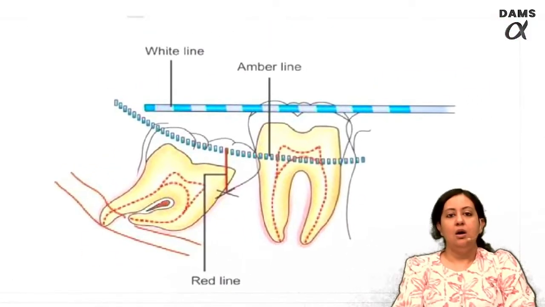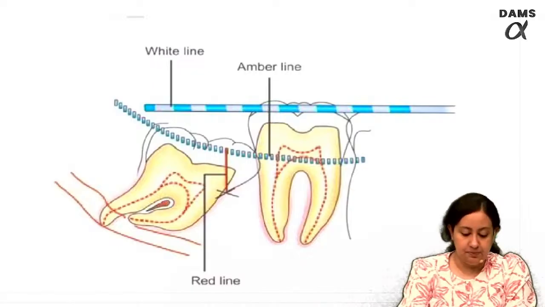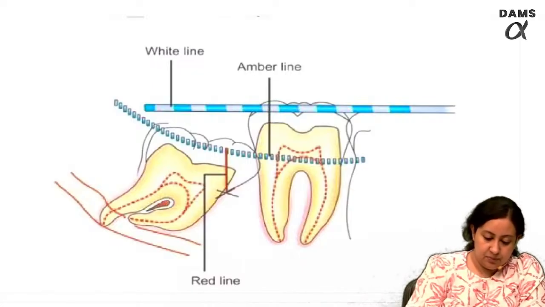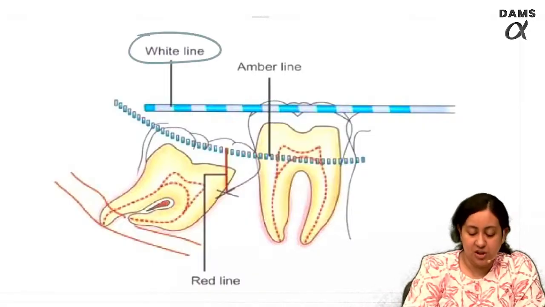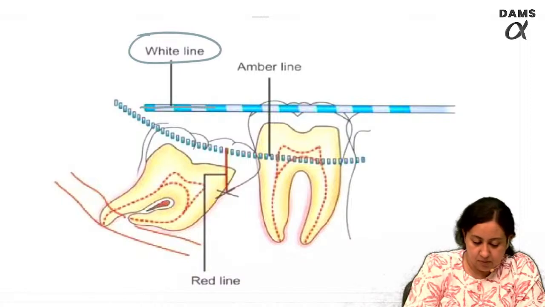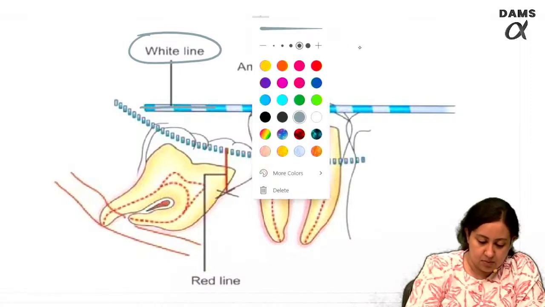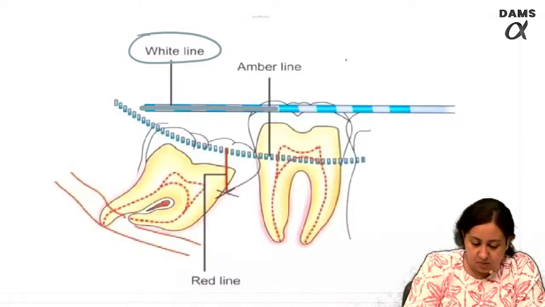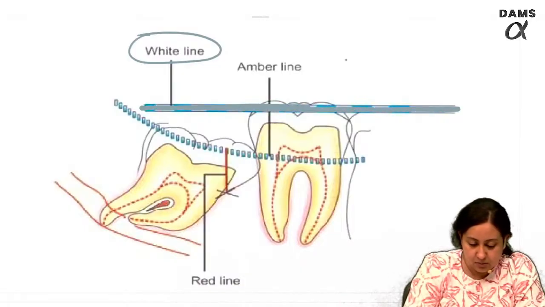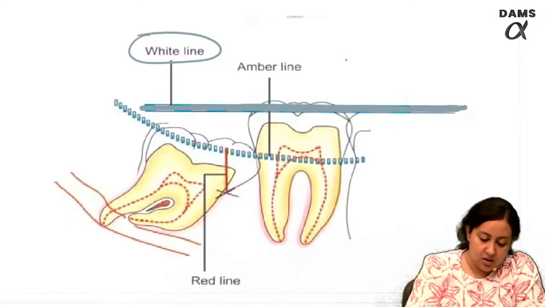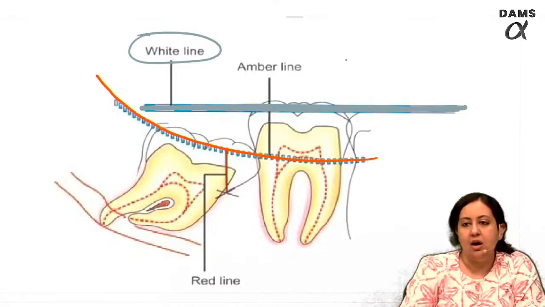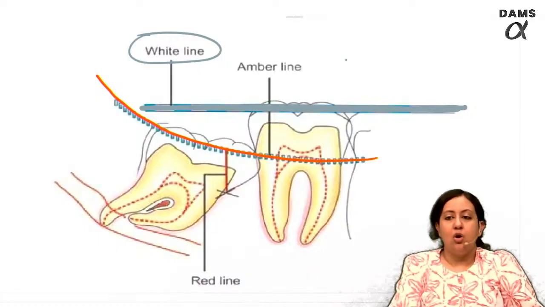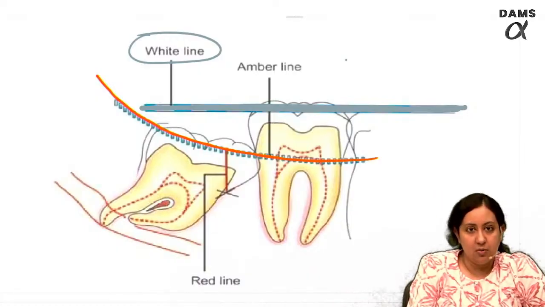So let's understand with the visual. The first line is your white line, which is from the occlusal plane. The second one is the amber line, which is traced from the interdental septum between the first and the second molar, and it is drawn posteriorly over the third molar.